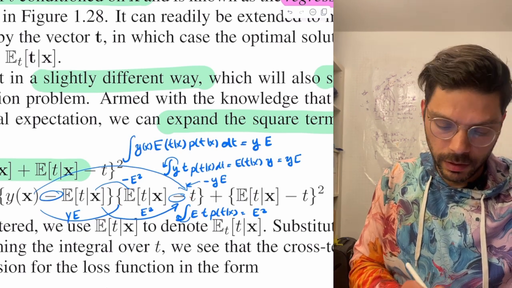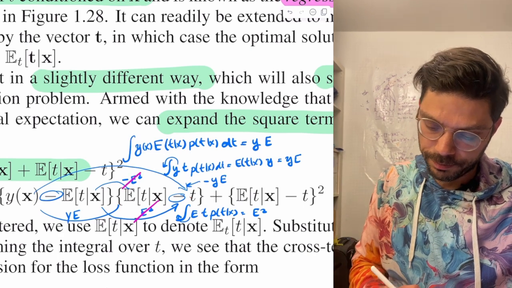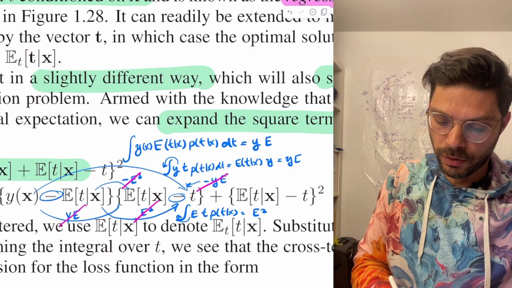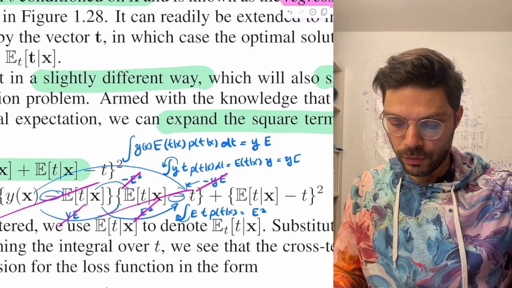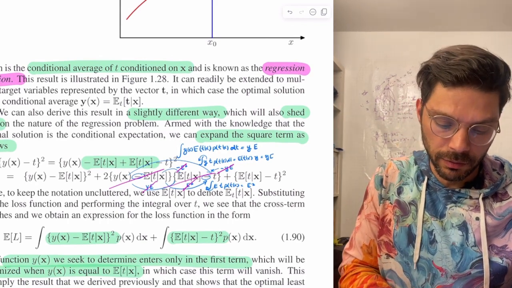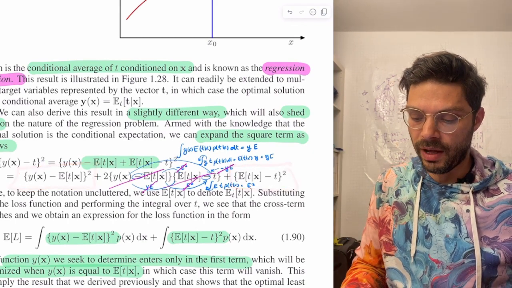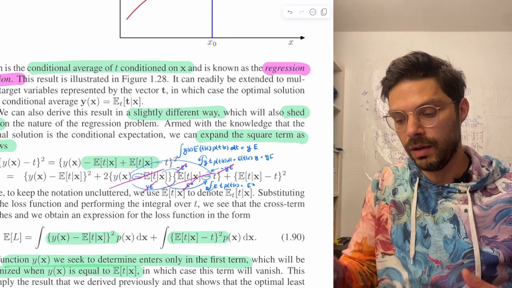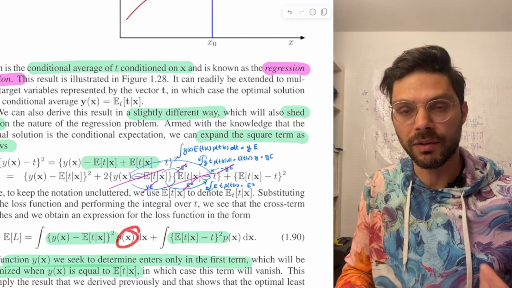So now, it looks like a bit of a mess, but that's going to cancel this, and this yE is going to cancel that yE, and so this whole thing is going to integrate to 0.